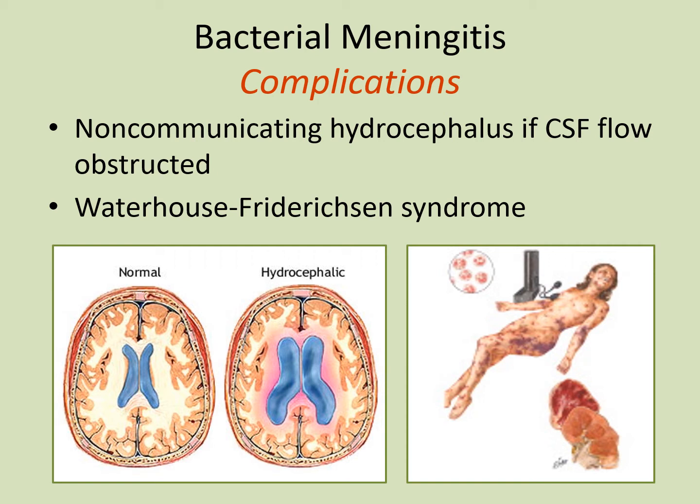Other serious complications can occur as well, including hydrocephalus. Okay, non-communicating hydrocephalus occurs if the cerebral spinal fluid cannot flow, if it's obstructed. So you see on the left side of the picture, the blue in the diagram is your cerebral spinal fluid in the ventricles of the brain.